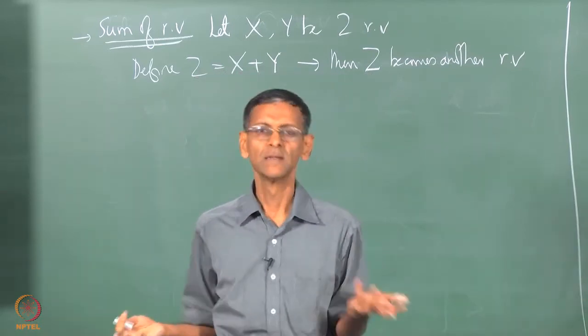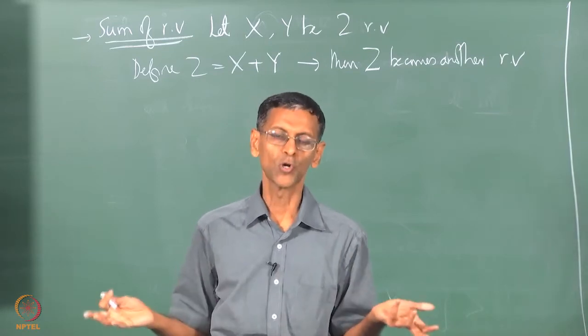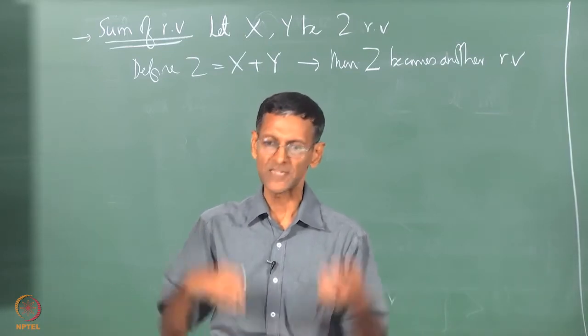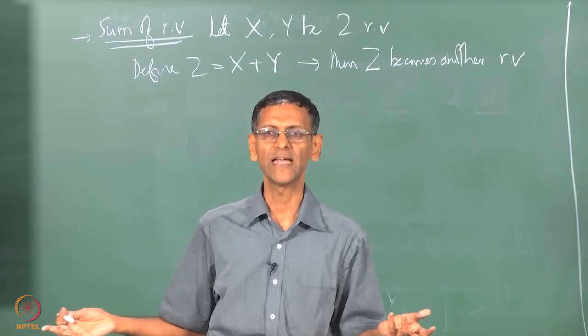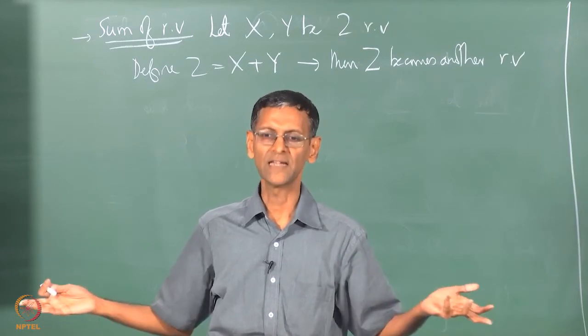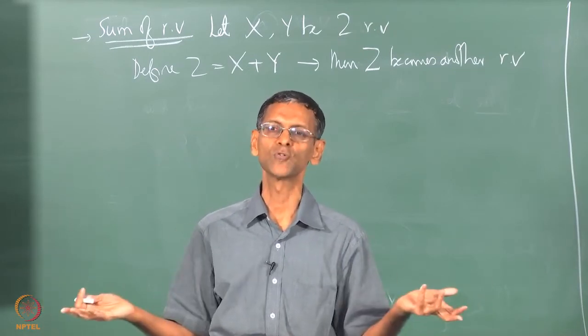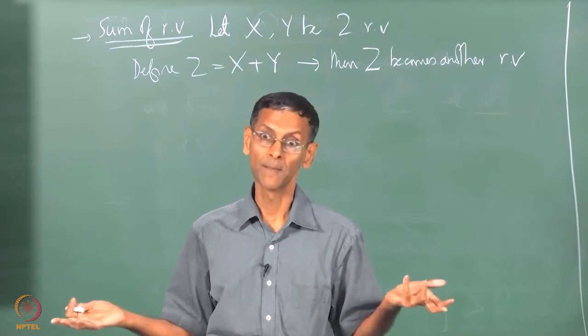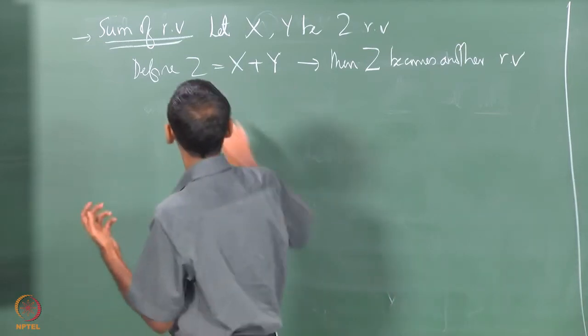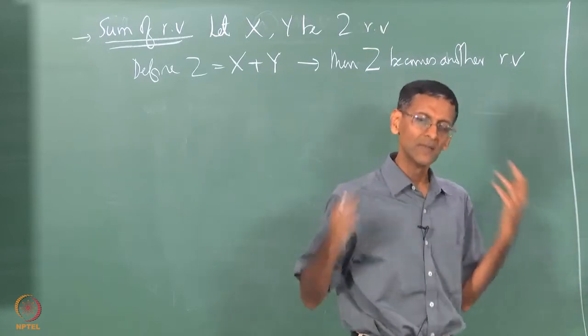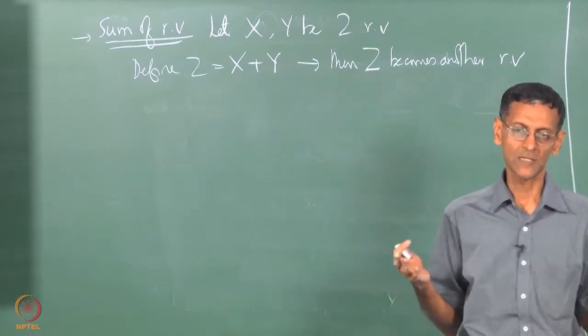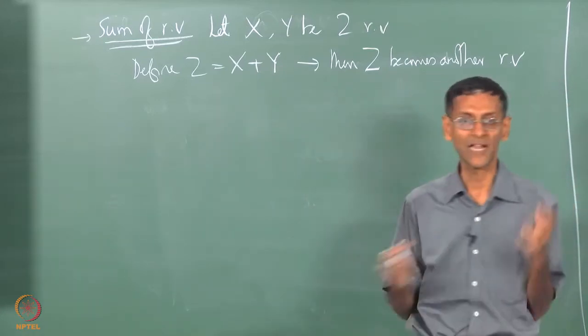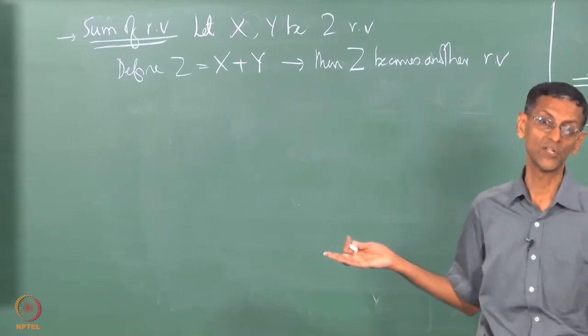Remember, you do a composite experiment, whatever experiment, it spits out an x, it spits out a y. We are saying that the value of z is going to be the sum of those two values, x and y, always. So z equal to x plus y means that for every realization, which is the correct word, of x and y, the realization of z is obtained by addition.